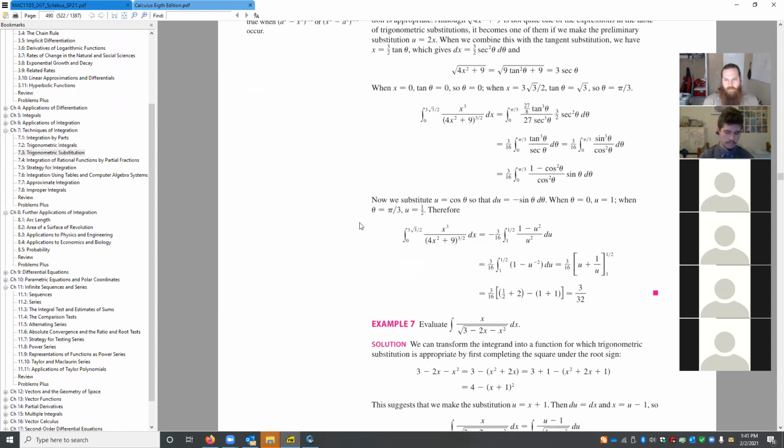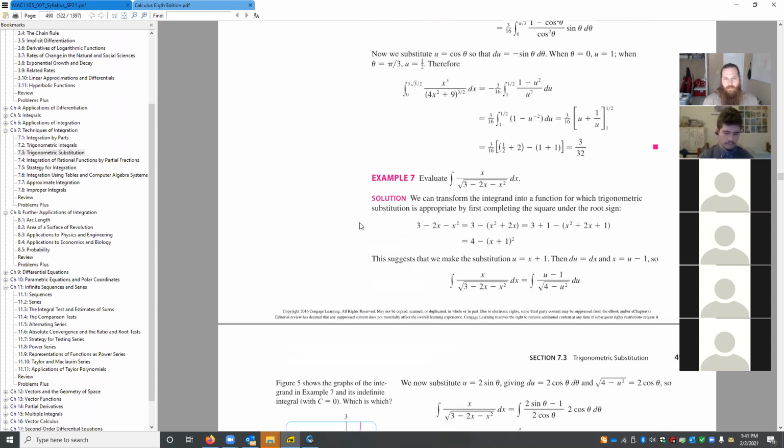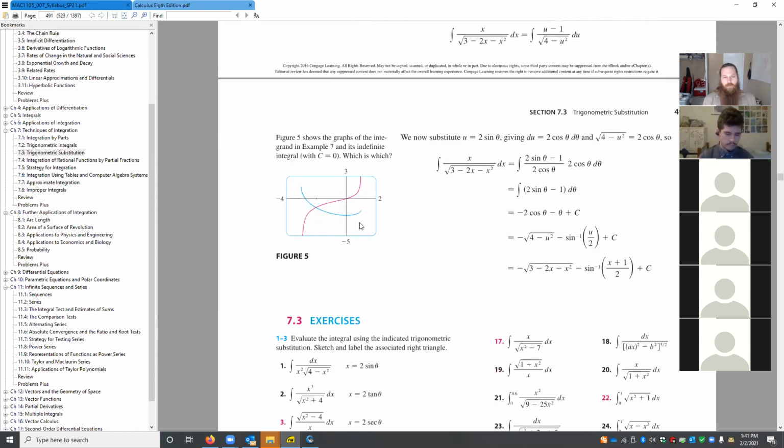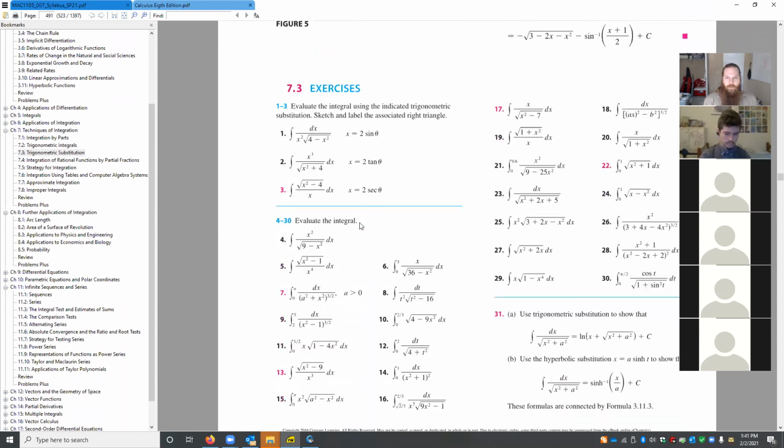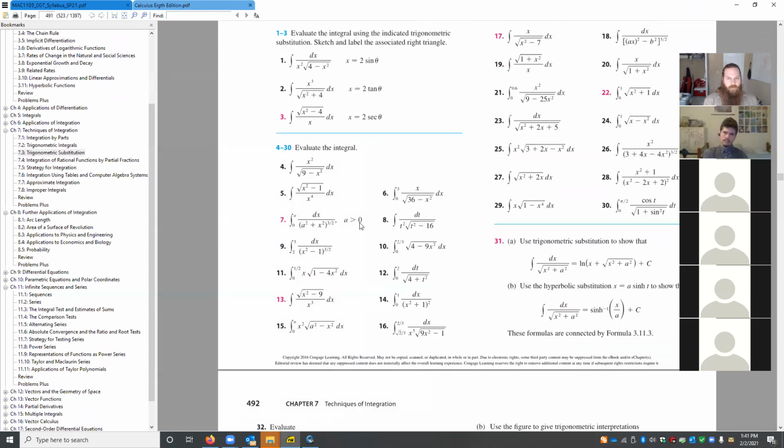Maybe. No, we'll save that for next time. I want a definite integral that isn't quite that bad. How about 14? We're going to have c squared. Yeah, this is not too bad.